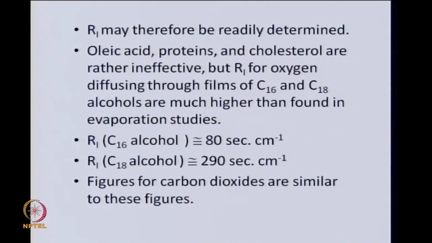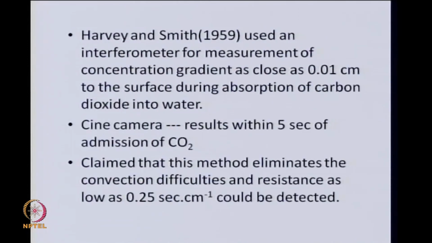For carbon dioxide, the resistances are of similar magnitude. Systems of this kind have been studied by Harvey and Smith, and they used interferometry for measurement of concentration gradient as close as 1/100th of a centimeter from the surface, for absorption of CO2 in water.